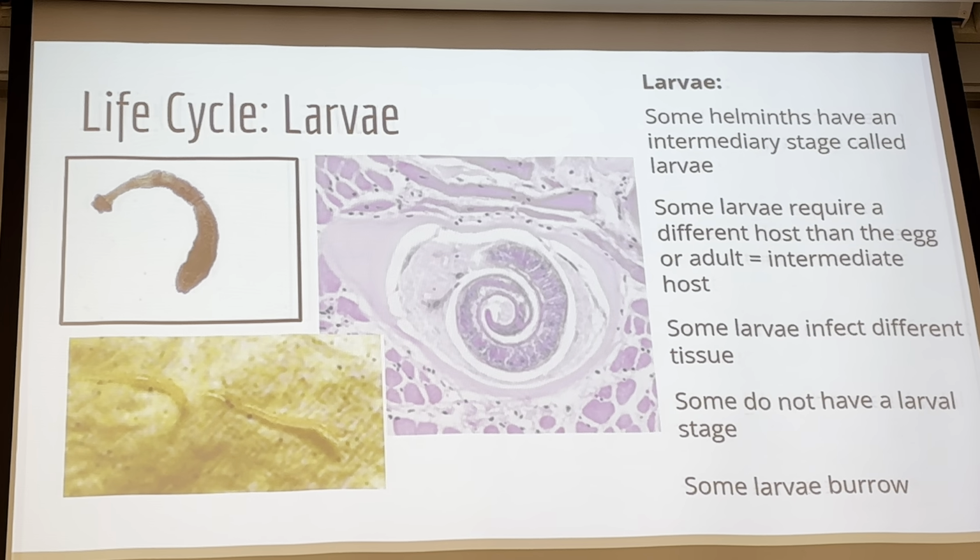Larvae are unique in that, when a protozoa is going to be transmitted from person to person or animal to person, they have to go through the encystment process, right? They have to form a cyst to be able to survive out in feces.